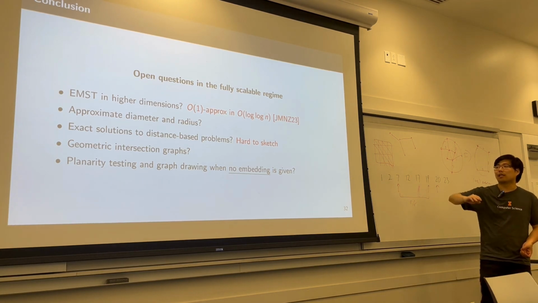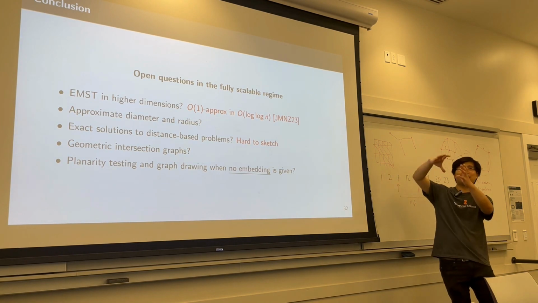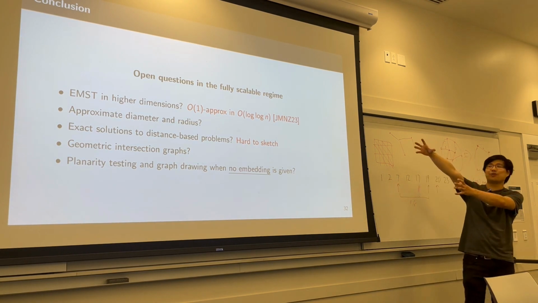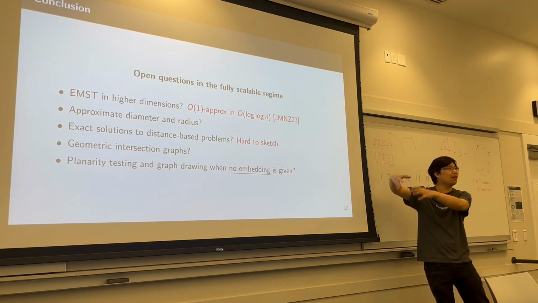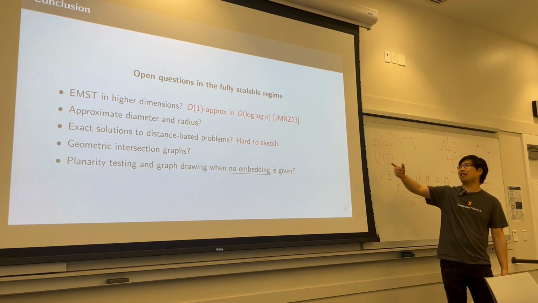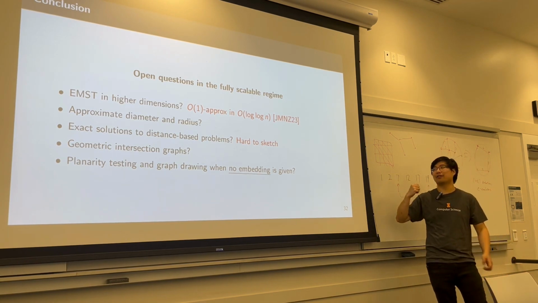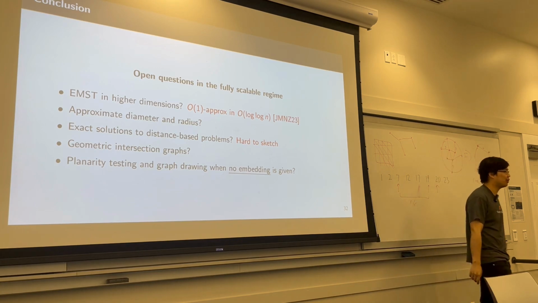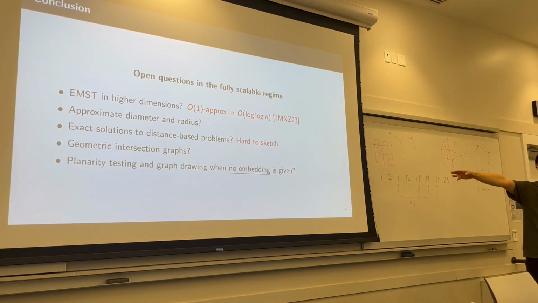Because when you're given either 1 cycle or 2 cycles, if you can draw the graph in order 1 rounds, then you can apply our algorithm and tell whether it's 1 or 2 cycles. So the exact complexity of planarity testing and graph drawing has not been well studied, at least in the MPC model.